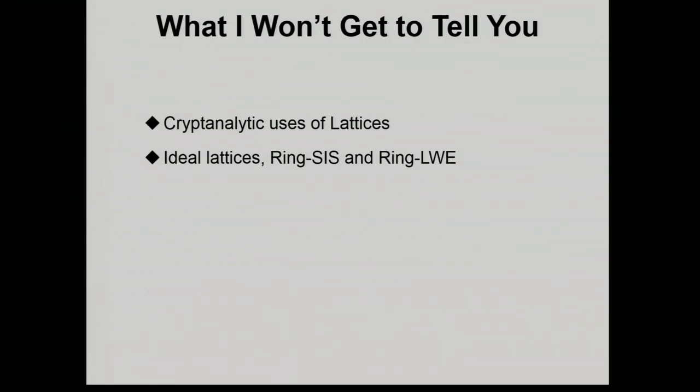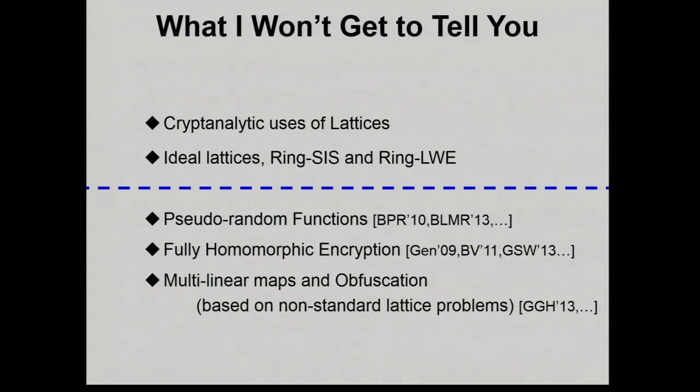Before I tell you what I'm going to do, I should also tell you what I'm not going to do. Lattices have been used in cryptanalysis well before they were used in cryptography. I'm not going to talk about it. Beautiful works. In fact, you can use lattices to break versions of RSA. Amazing, very beautiful work, and I'm not going to tell you about it.